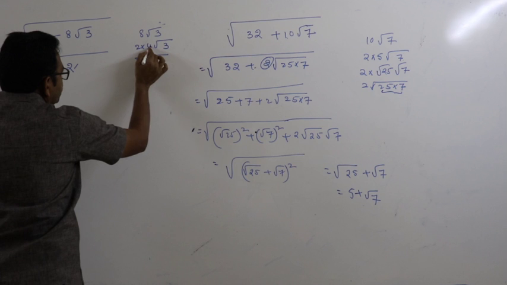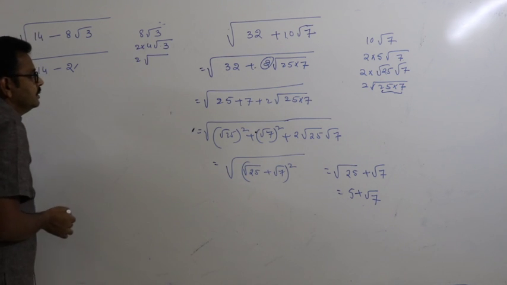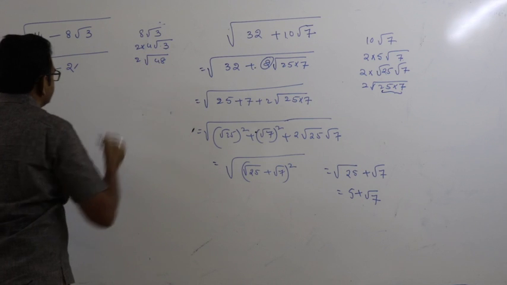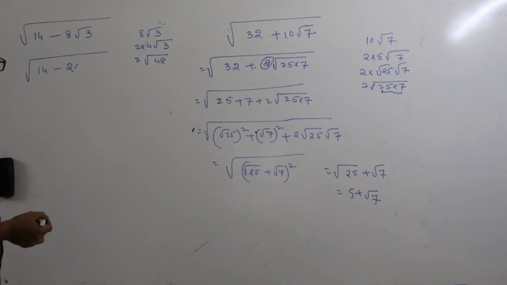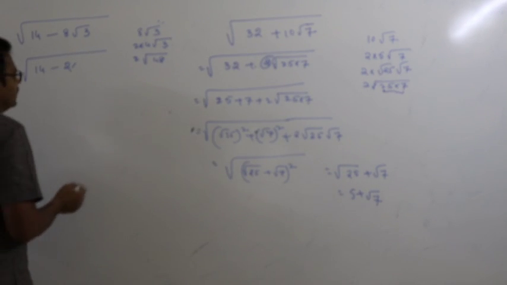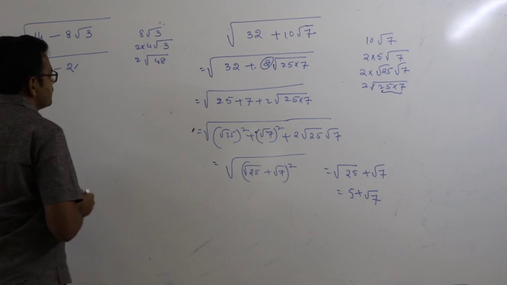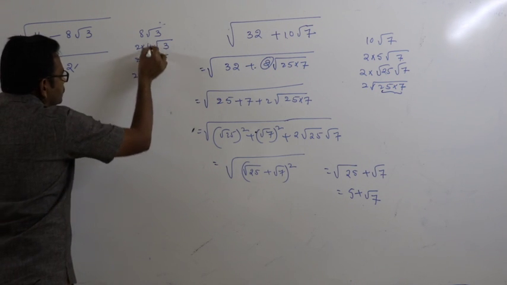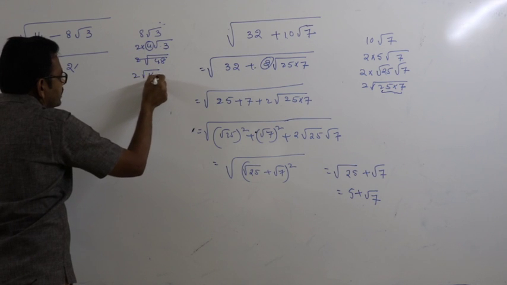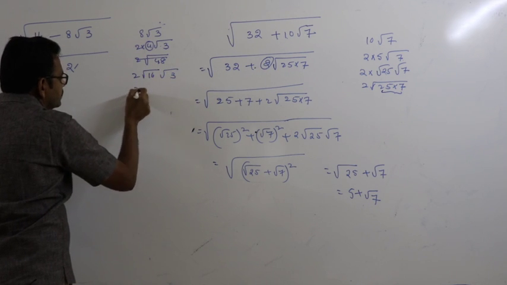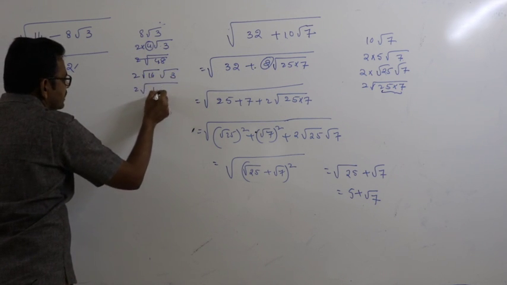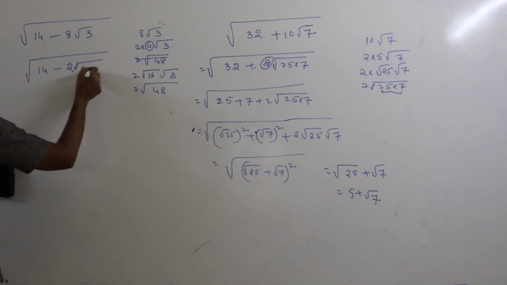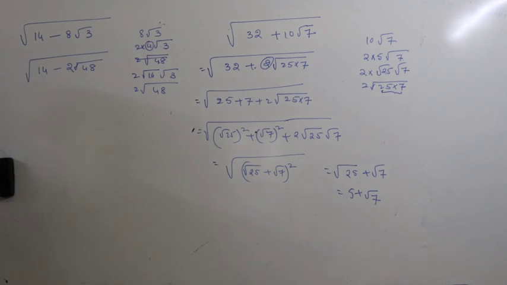Taking the 4 inside the root, that becomes 16, and 16 into 3 is 48. So this can be written as root of 14 minus 2 root 48.